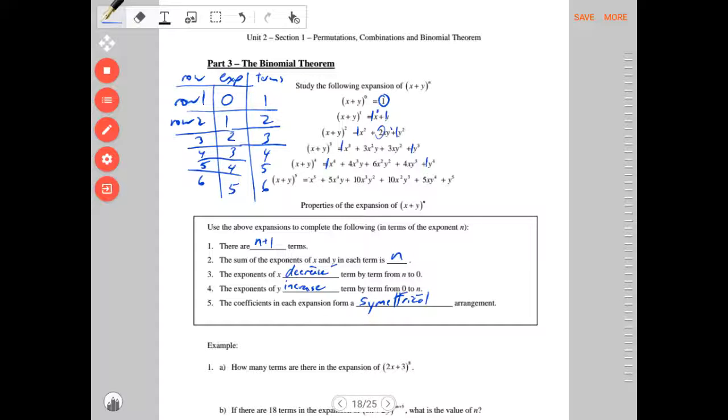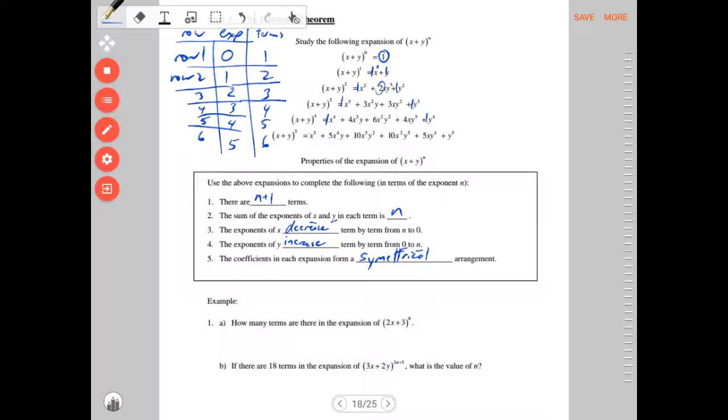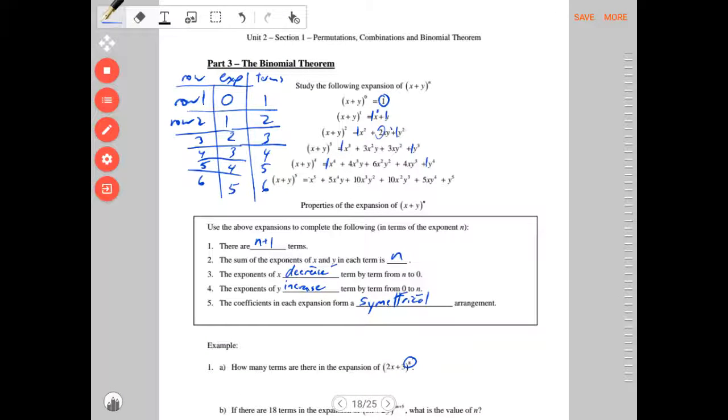Okay, so it's a symmetrical pattern of coefficients. It's kind of neat. Now remember, there's some patterns here. So how many terms would there be in the expansion of (2x + 3) to the 8th? If we're going to have a to the 8th, the exponent is 8.